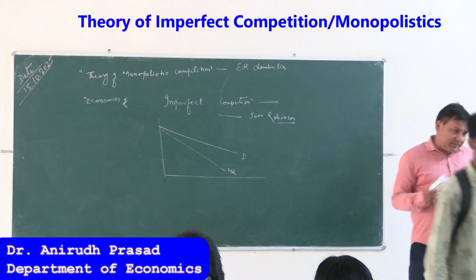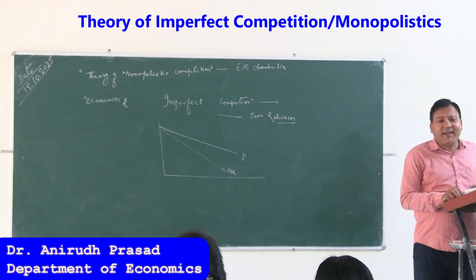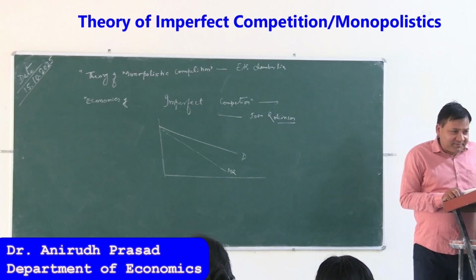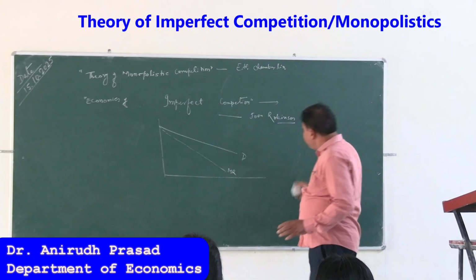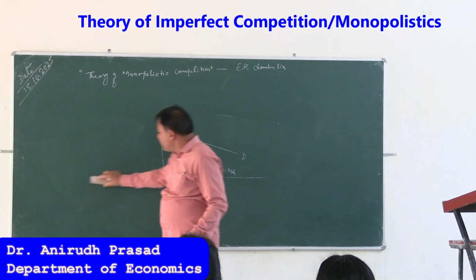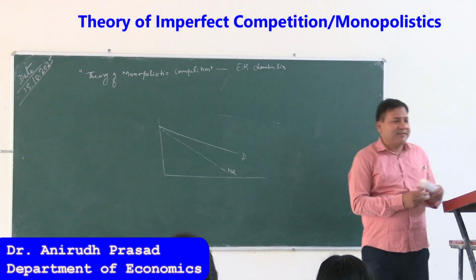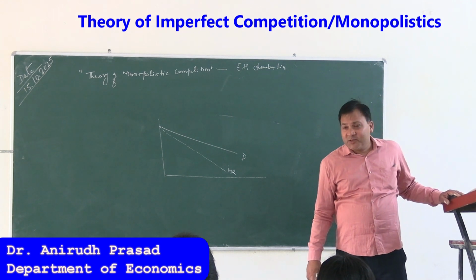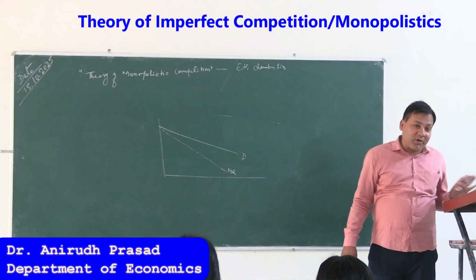So we will see how price and output are decided under monopolistic competition. If we discuss the determination of price and output under imperfect competition, there are two time periods: one is short run and another is long run.